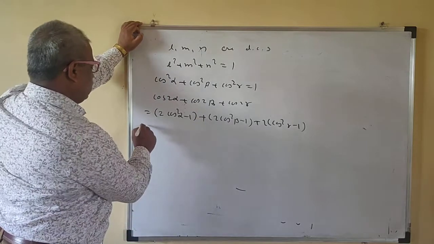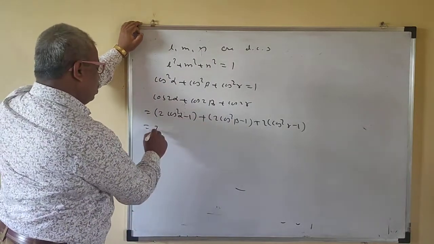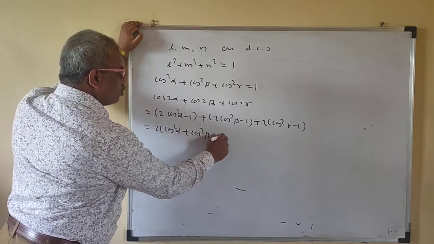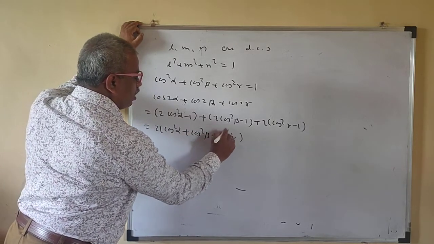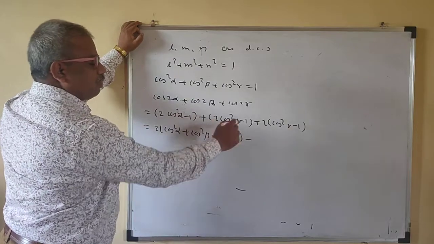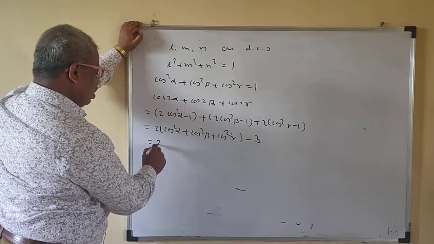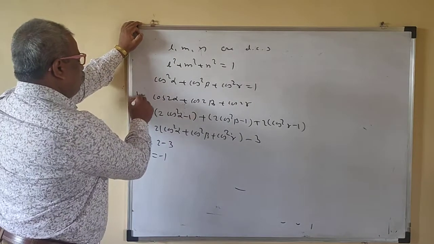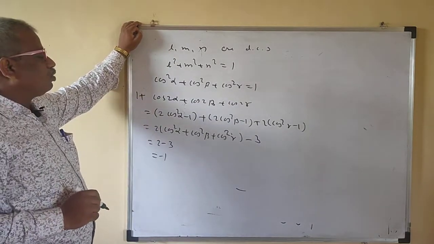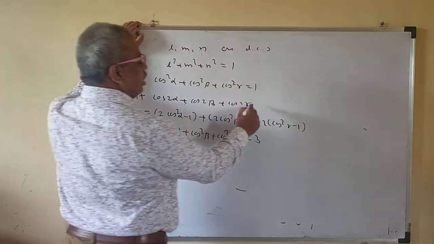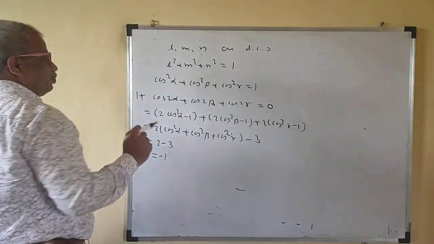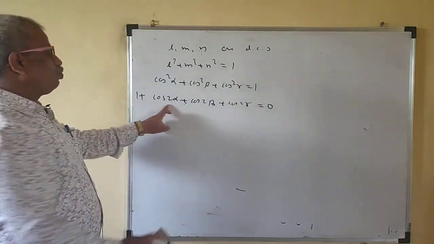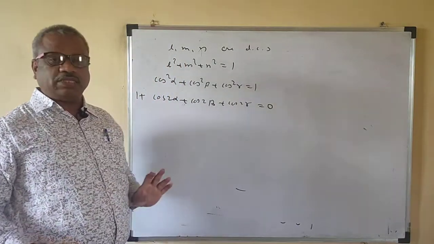This is 2 times the sum of the cos squares, which is 2, minus 3, so this is minus 1. That means 1 plus cos 2 alpha plus cos 2 beta plus cos 2 gamma is equal to 0. Remember this, or cos 2 alpha plus cos 2 beta plus cos 2 gamma is minus 1.